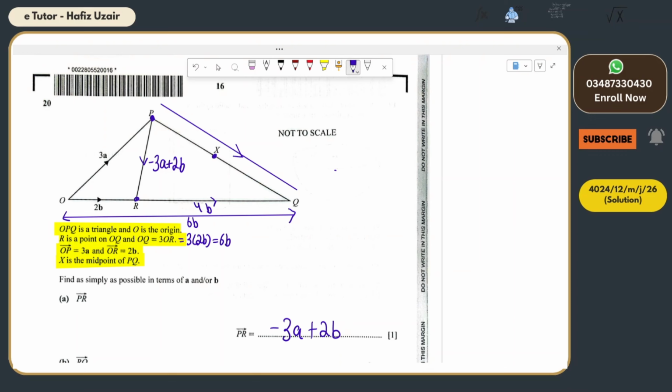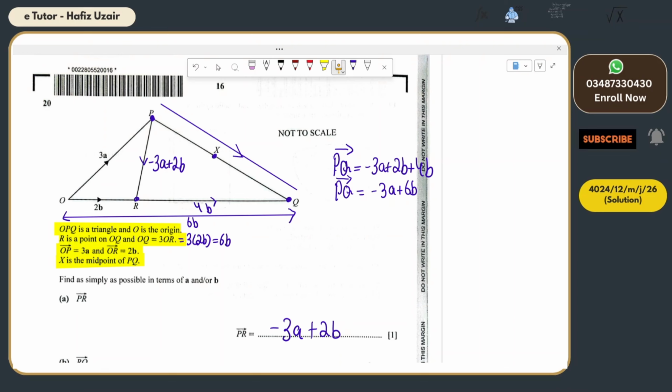This is P and this is Q. We can go this way and then this way. So PQ is minus 3A plus 2B plus 4B. That will be minus 3A plus 6B. So that is PQ.